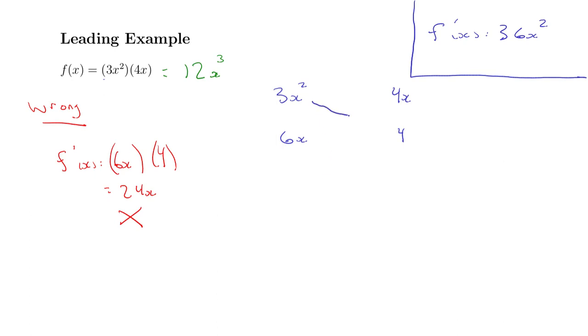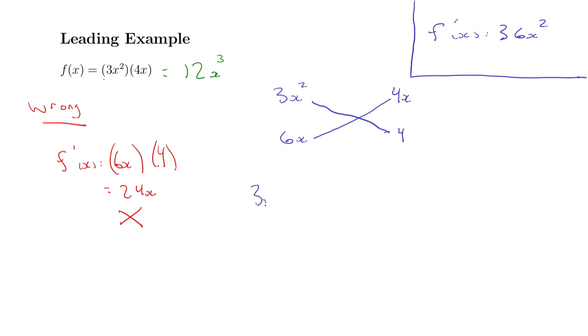For instance, 3x squared times 4 gives you 12x squared. So the exponent's right, but our coefficient is messed up. So maybe we could try the other pair. 6x times 4x is 24x squared. So we've either got 12x squared or 24x squared, and both of those are wrong, even though the exponent is correct. You can notice pretty easily that if we add those things together, that'll give us our derivative.